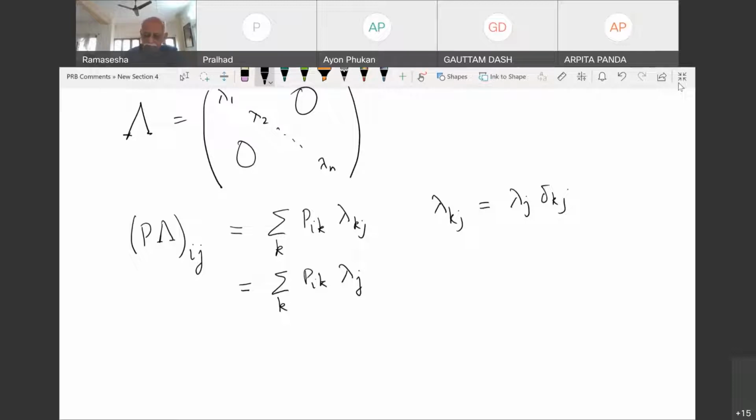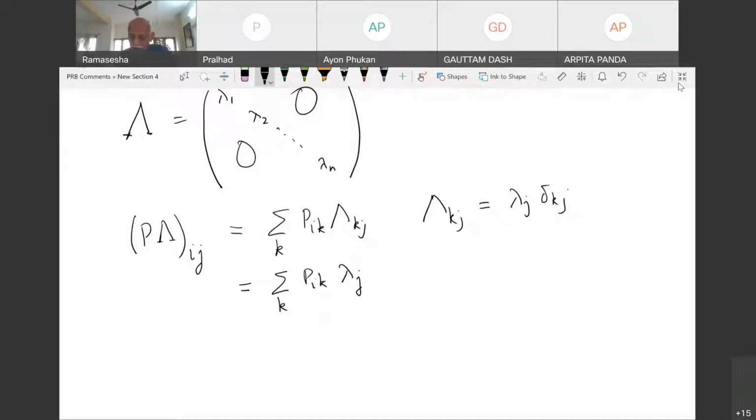So I'm looking at the ijth matrix element of P lambda, and that is given by sigma over k, P_ik, lambda_kj. And lambda_kj is actually lambda_j delta_kj.